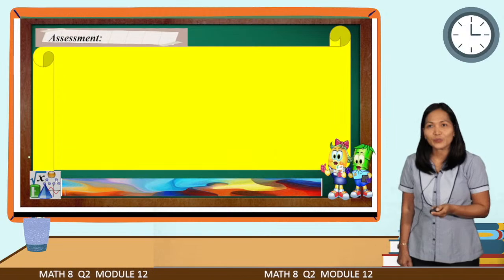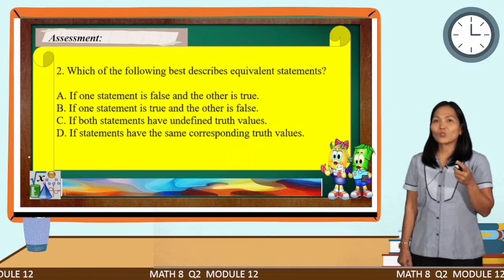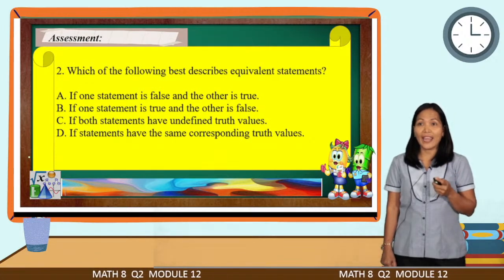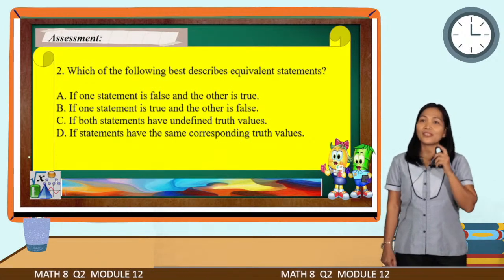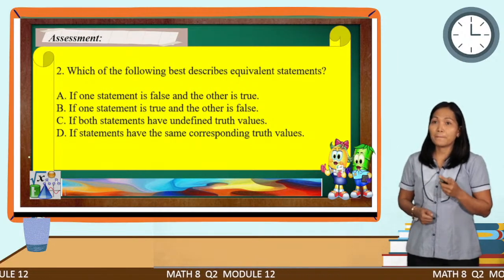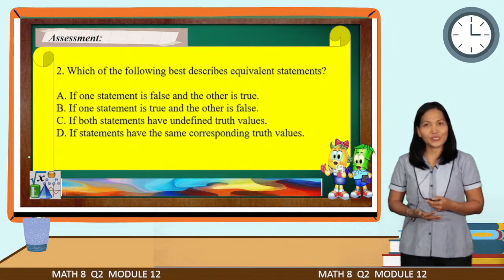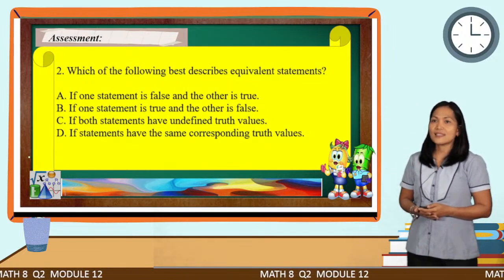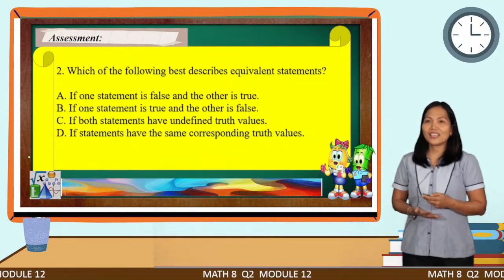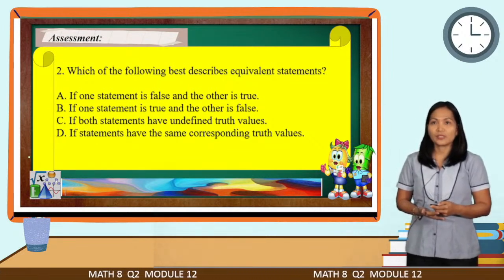Let's have number 2. Which of the following best describes equivalent statements? A. If one statement is false and the other is true. B. If one statement is true and the other is false. C. If both statements have undefined truth values.